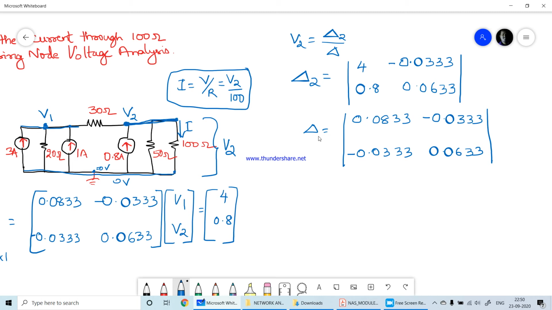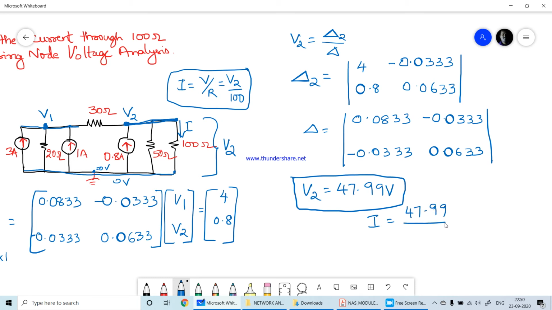Now if you find V2 as delta 2 by delta, you will get V2 equal to 47.99 volts. Therefore finally I equals 47.99 divided by 100, so we get 0.4799 amps.